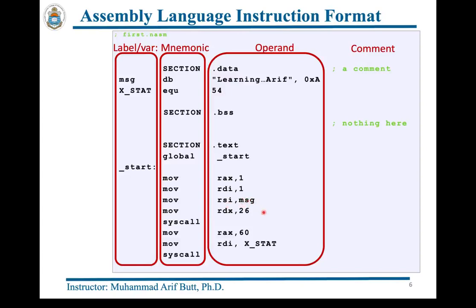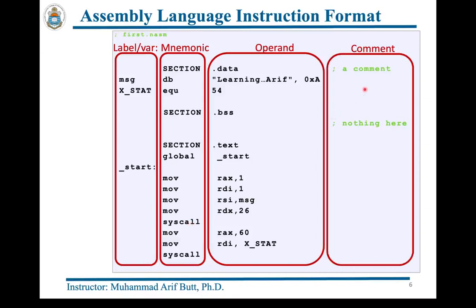It can be a memory constant like this exit status or xstat. And it can be a numeric constant like this one over here. The number of operands entirely depend on the instruction. For example, this mov instruction has 2 operands, while this syscall instruction is a 0 operand instruction.